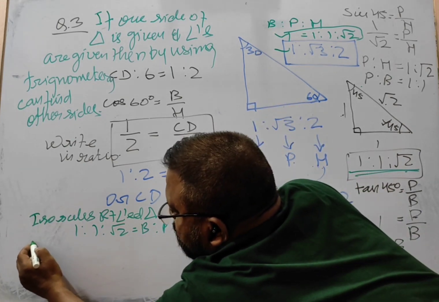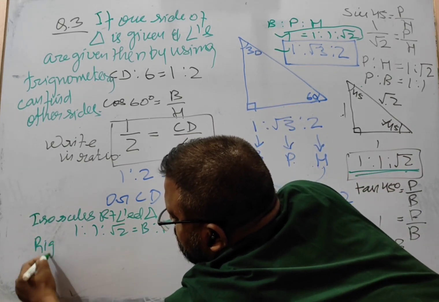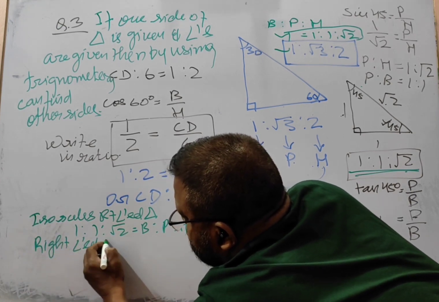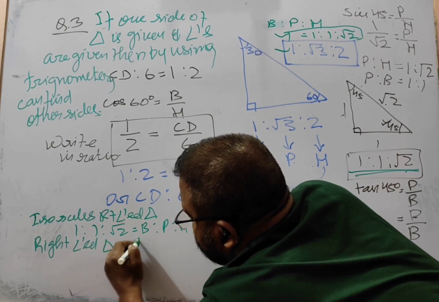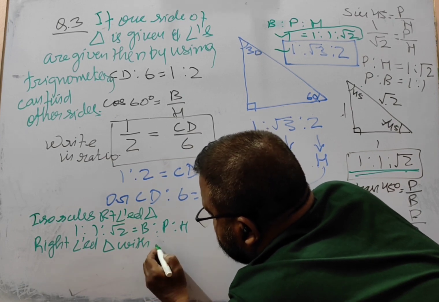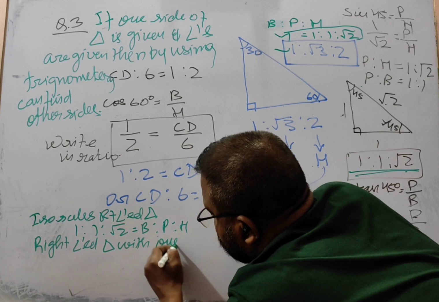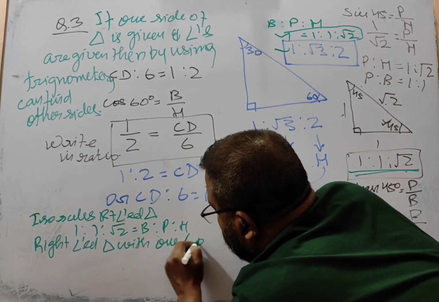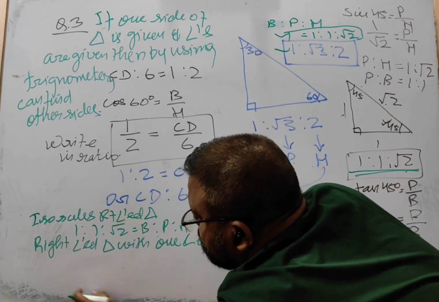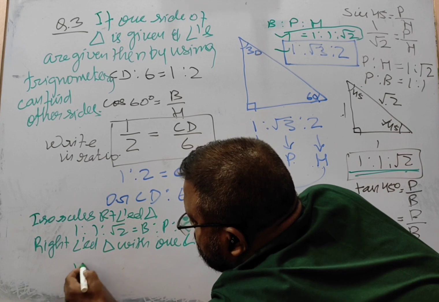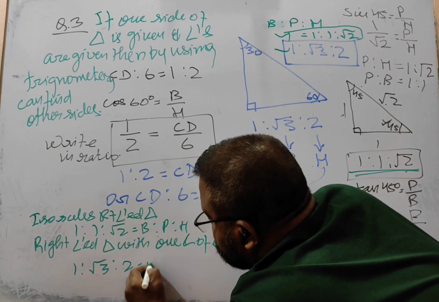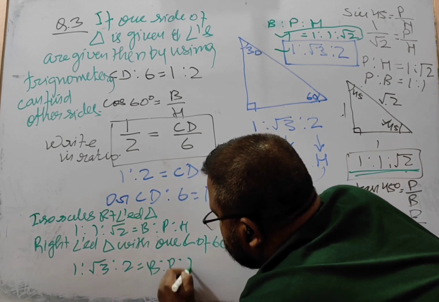And for a right angled triangle with one angle of 60 degree, the ratio is 1 is to root 3 is to 2, that is base ratio, perpendicular ratio, hypotenuse.